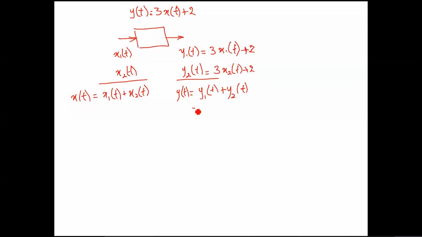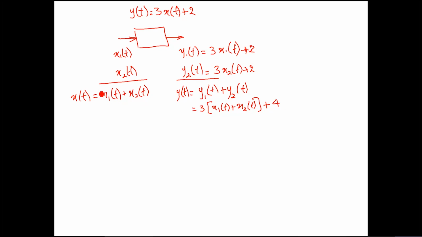So if we just add them together, I can take 3 common, and here I should get 3 times x1(t) plus x2(t), plus 2 plus 2, which makes it plus 4.